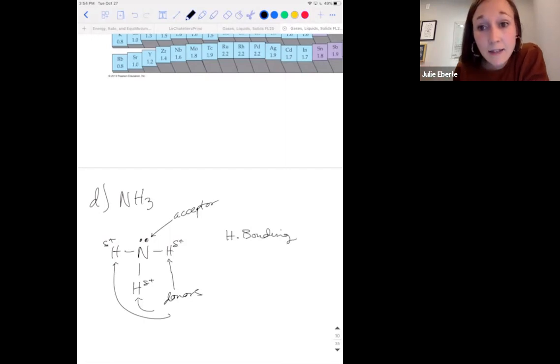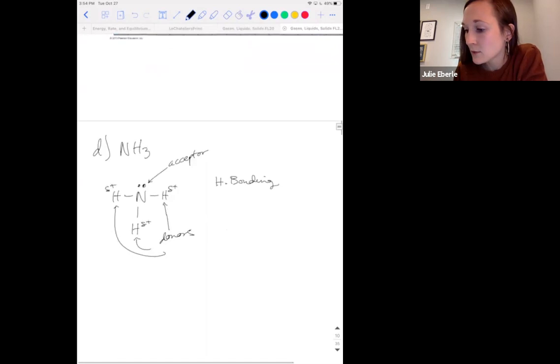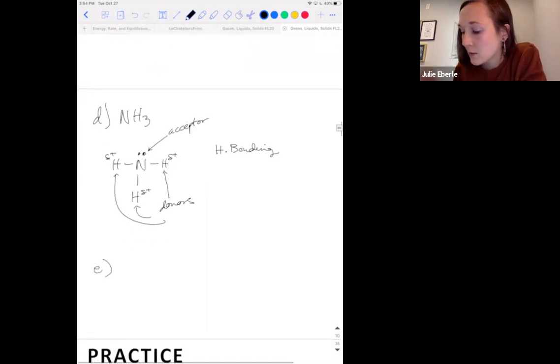Yes, this molecule is polar, so yes, it would also experience dipole interactions. Yes, this is a molecule, so yes, it will also experience London dispersion. It actually will experience all 3. But the question is, which one is the strongest? Hydrogen bonding.